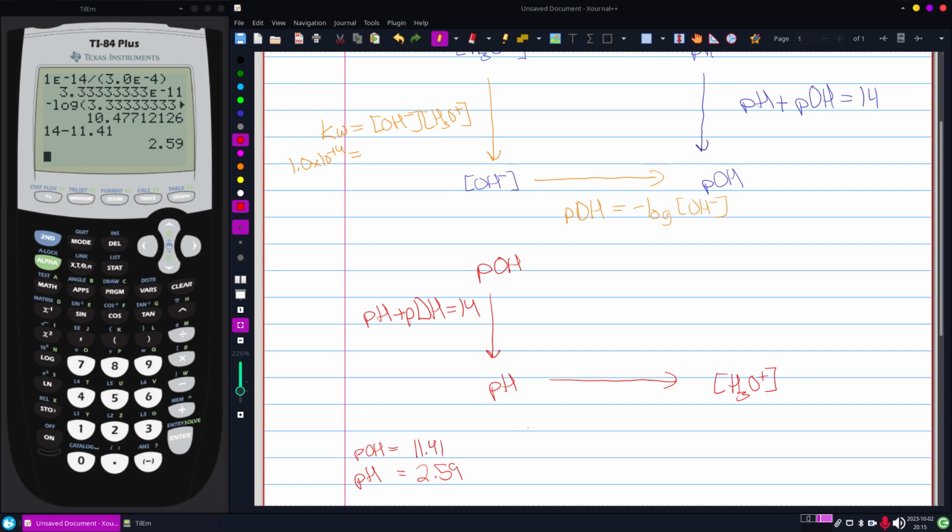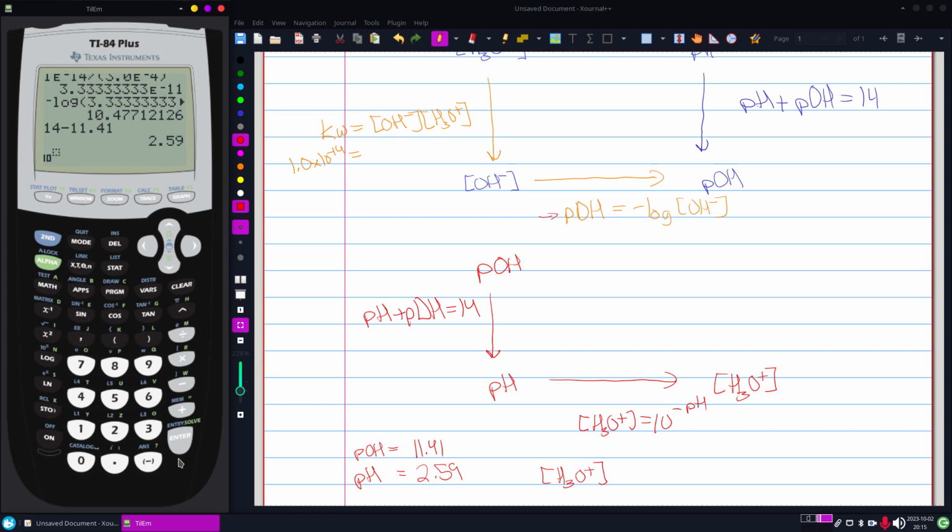Since the pH to hydronium was an equation that looks similar to that, going backwards, the hydronium ion concentration is that secondary function of logs, 10 raised to the negative of the pH. So if my pH is 2.59, ten to the negative 2.59 should give me my H3O concentration.